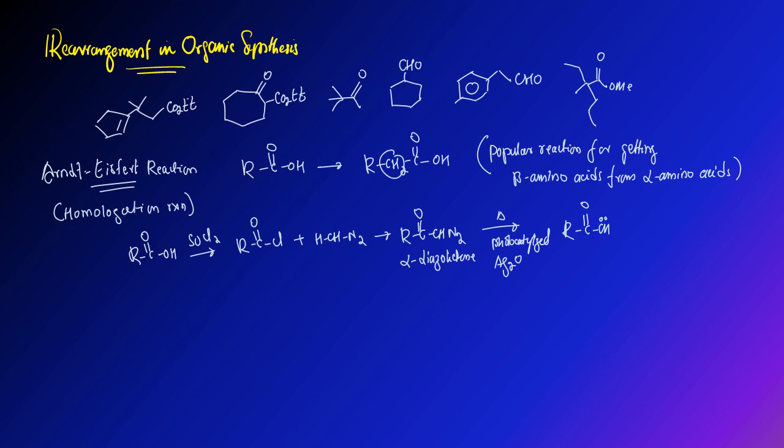Here we have one hydrogen, and this is subjected to a metal catalyzed Wolff rearrangement, in which we obtain a species like this, which is electrophilic in character, known as ketene.